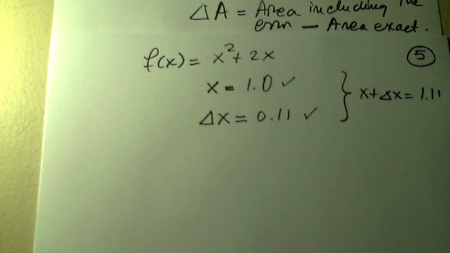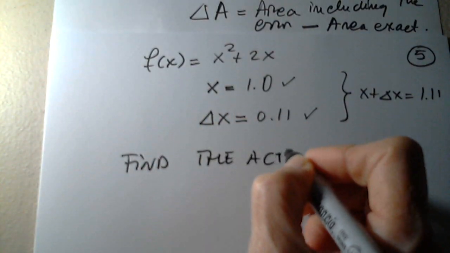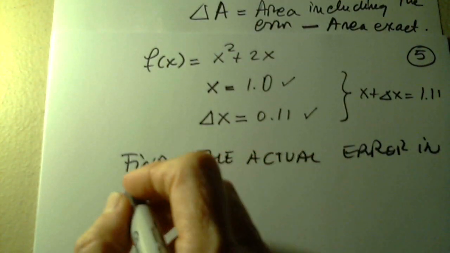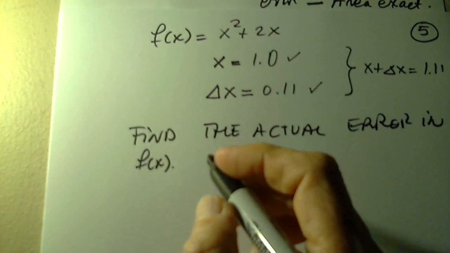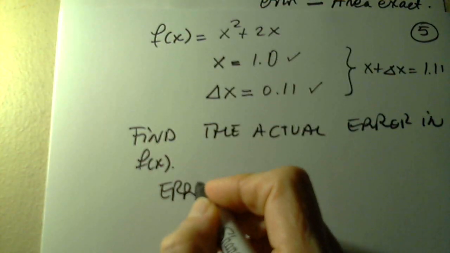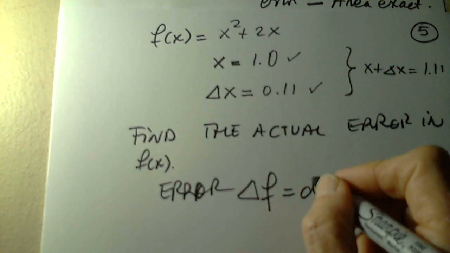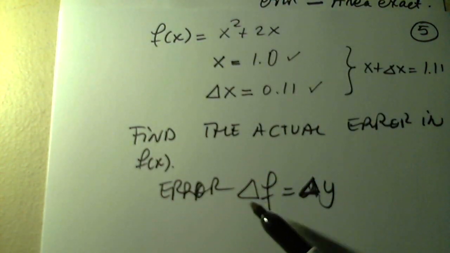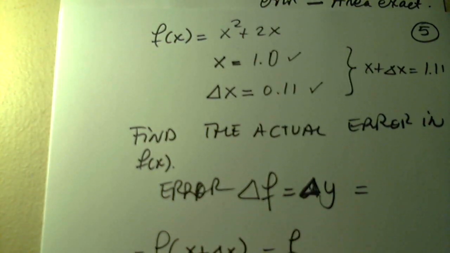Now, I want to find the actual error in f of x. So the error is delta f or delta y. The error in the function, either denoted by f or y, is the same thing. And that will be f of x plus delta x minus f of x.